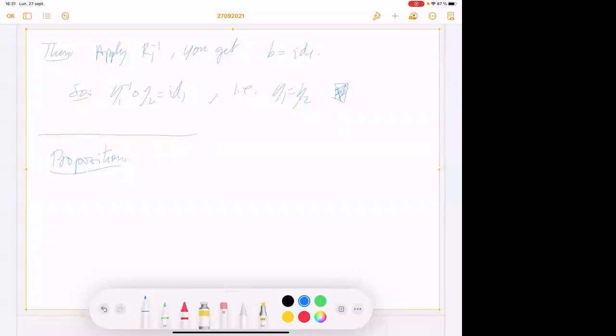So the next one should not be hard to prove. In fact, this one was proved by Yelong yesterday.